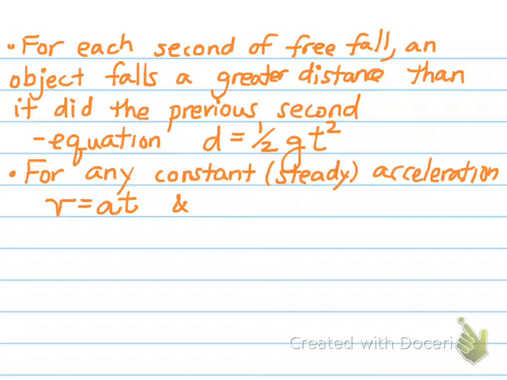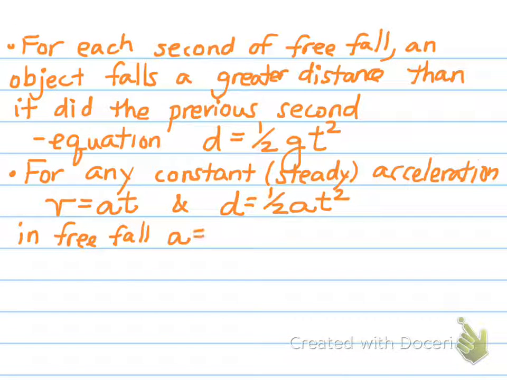And our distance is 1/2 our acceleration times our time squared. The only difference here is when we're in free fall, our acceleration is our acceleration due to gravity. Therefore, we have those equations where v equals g t and d equals 1/2 g t squared.